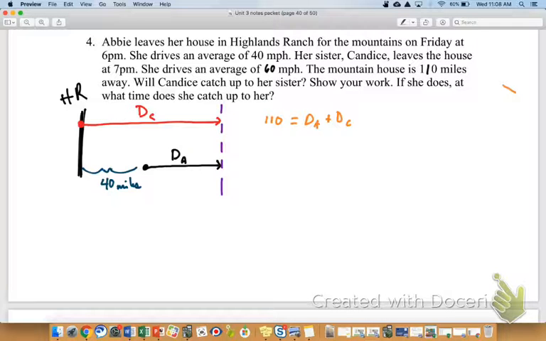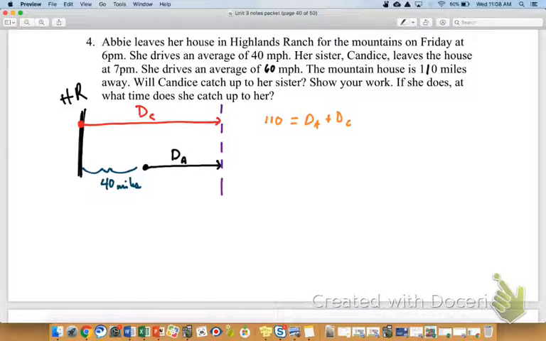Okay, so now Bray's idea is using all the numbers that you have there. Do you guys think that that's true? No. What does the 110 represent? The total. Miles from where to where? Their house to the mountain house.